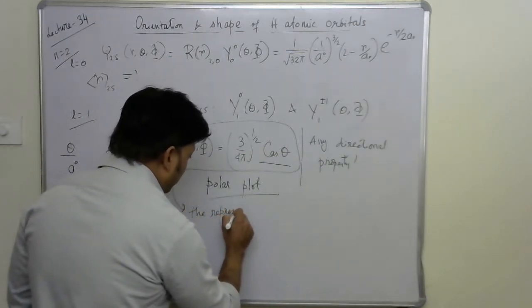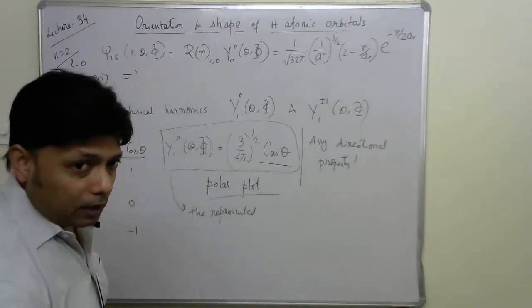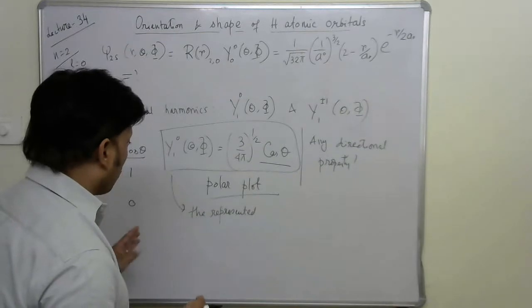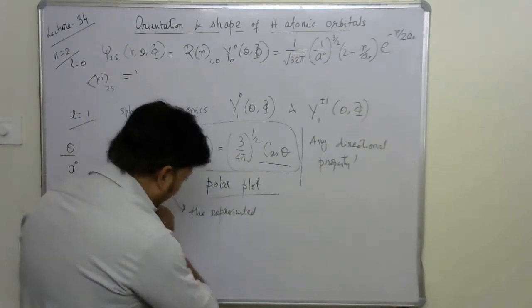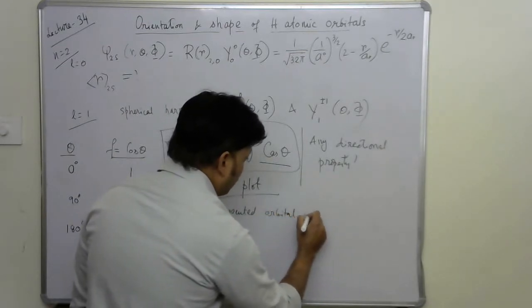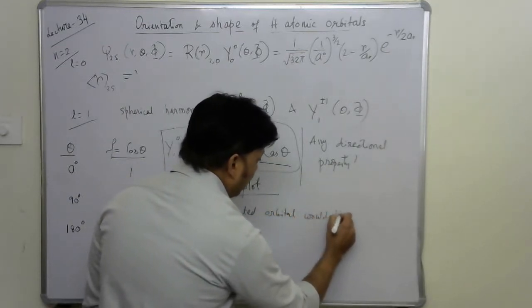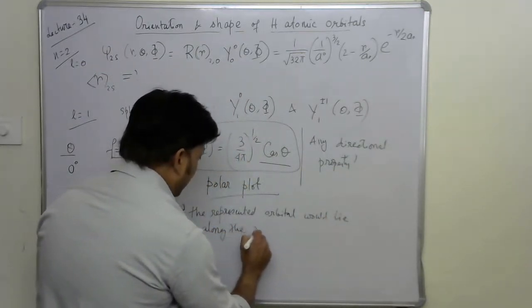Why am I writing "represented"? Because this itself is not an orbital, since it's a spherical harmonic, but the orbital it would represent would lie along the z-axis.